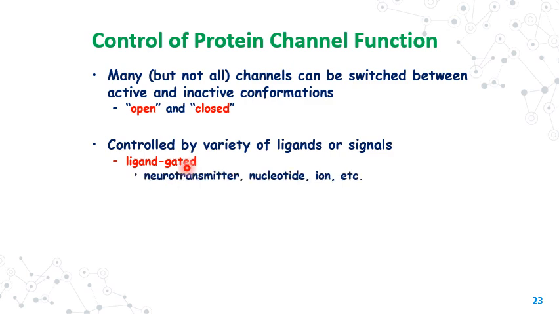Examples of that, of the ligands, can be neurotransmitters or some of the nucleotides or second messengers. Okay. You can have channels that are going to sense a difference in the voltage. So those are going to be voltage-gated channels. And you still have other channels that are going to feel a change in the shape of the cell. So those are sensors that depend on mechanical stimulation. So you can have this mechanically gated type of channels.